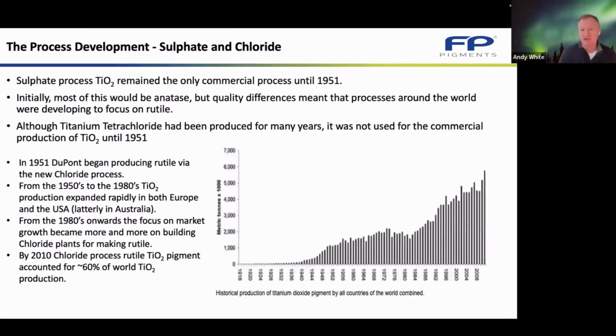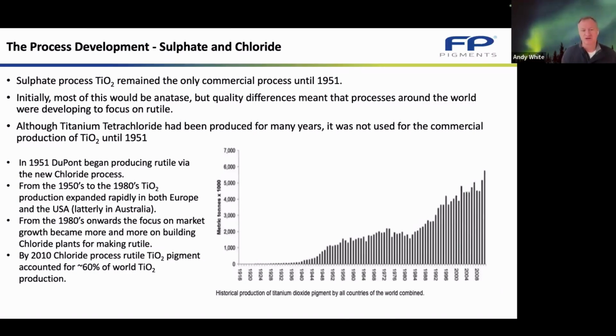When we talk about the history, TO2 was discovered at the end of the 19th century, but the actual industrialization of TO2 happened really after the war, when people moved away from the poisonous lead pigments into titanium dioxide, which was seen as an inert pigment which had a high refractive index.